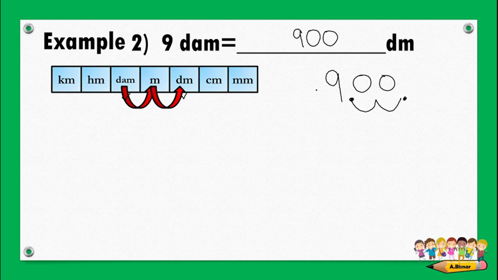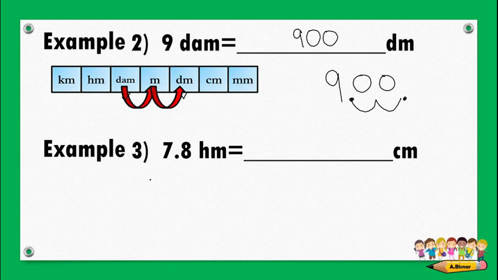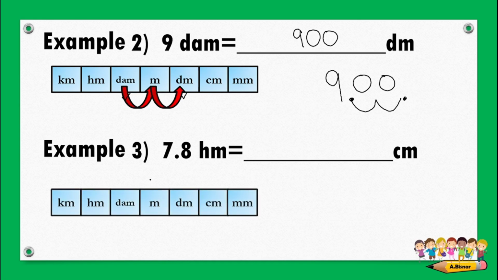Another, 7.8 hectometers to centimeters. So, let us write the given. And as you observe in here, the decimal point is between 7 and 8. So next is to count how many steps from hectometers to centimeters.